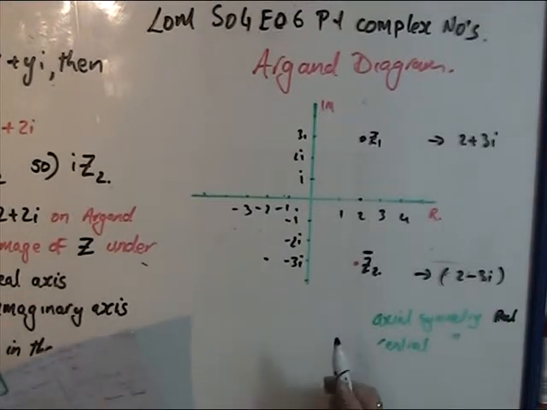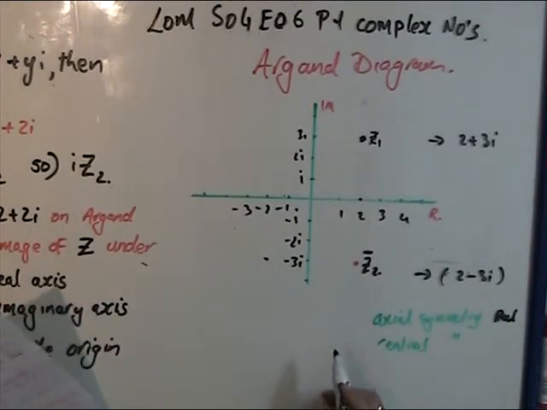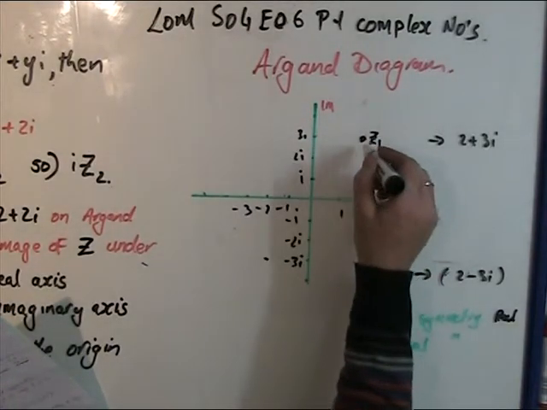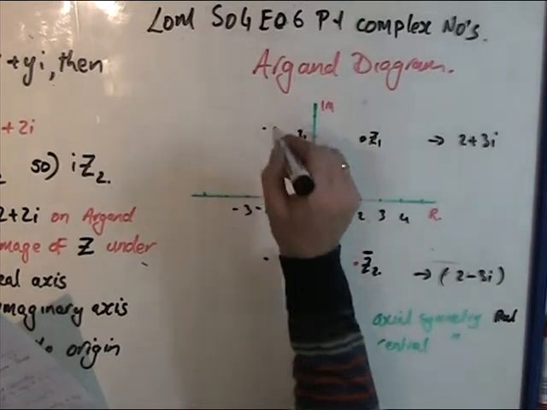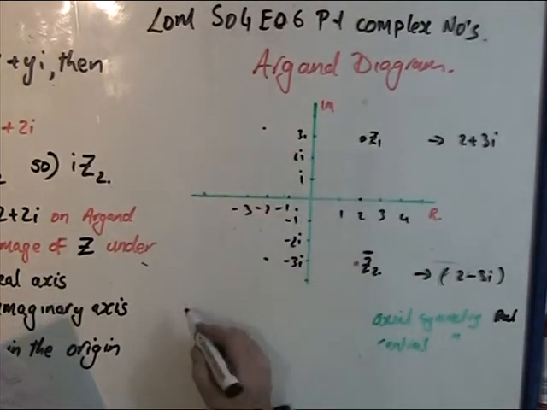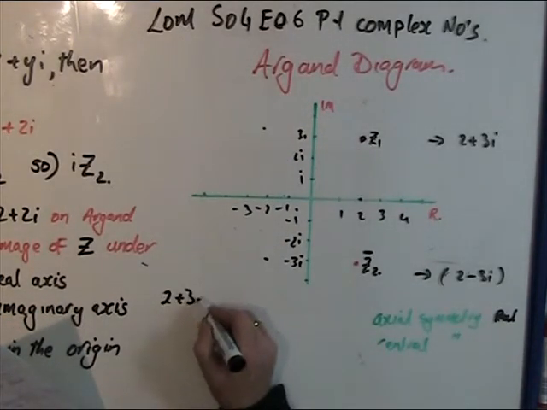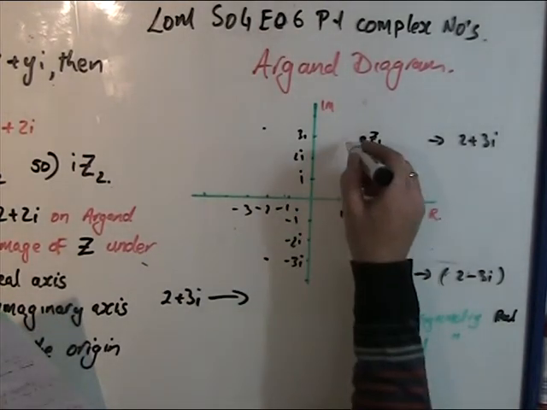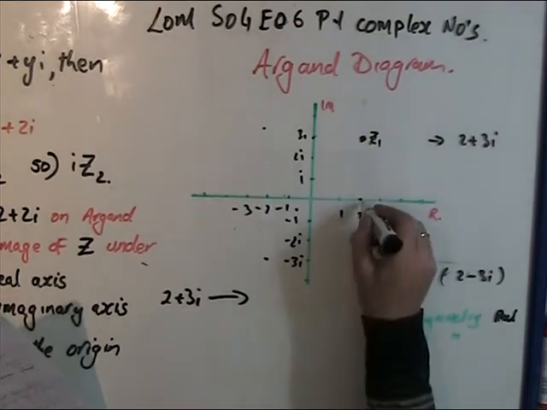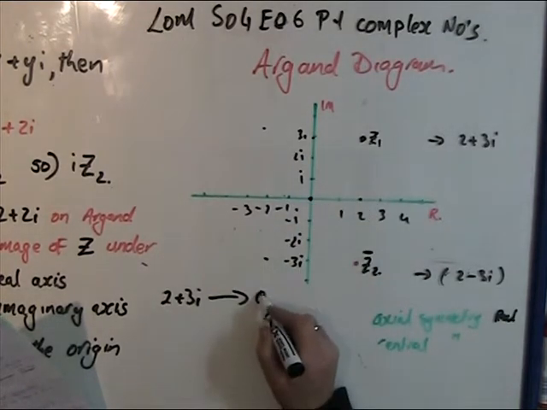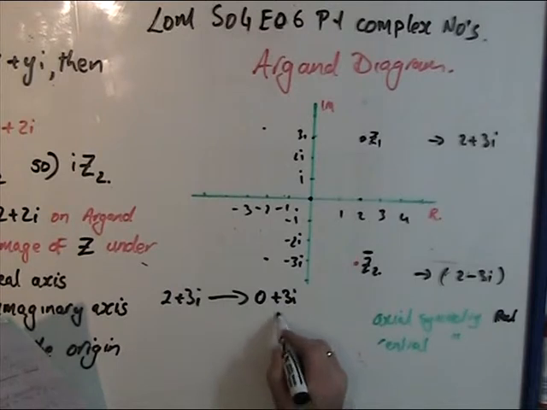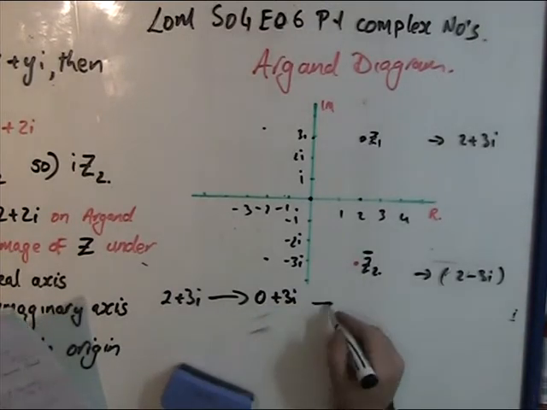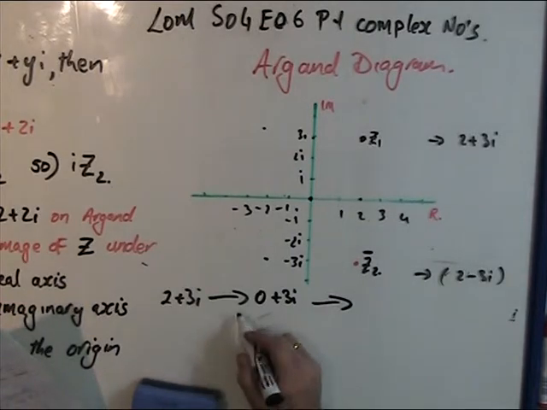Now I'm going to just assume something else. Now let's try a few of them. Okay, now we can follow and we can see that Z1, which is 2 plus 3i, going through the imaginary axis, what happens, the 3 stays the same, but the real changes to 0 plus 3i. Out the other side, what happened to the x, or what happened to the real?